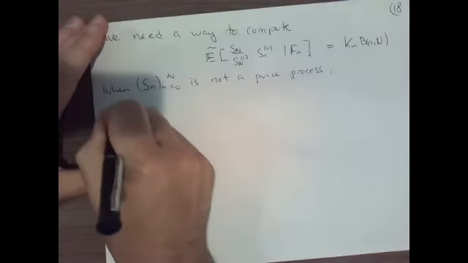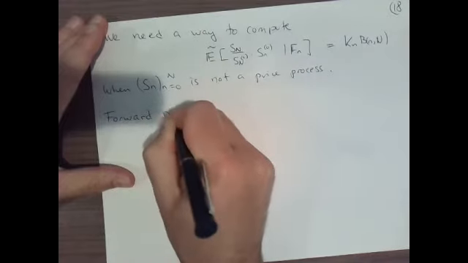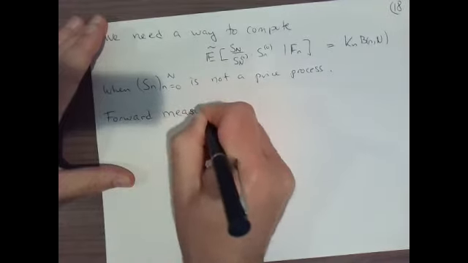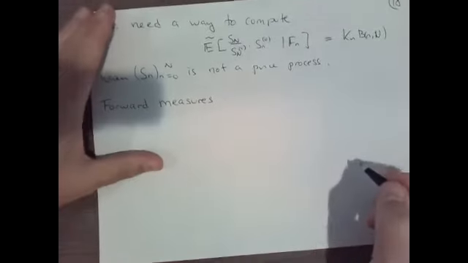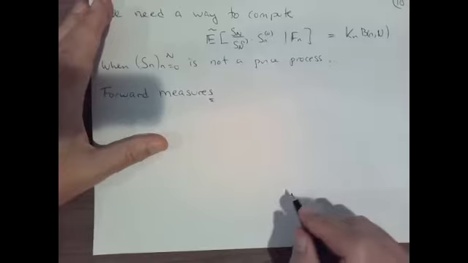And what we're going to do now, there's going to be quite a bit of notation here, and there are going to be some new concepts. So hang on here now, it's going to be a little bit bumpy. To overcome that, one introduces what's called forward measures. Please note there's an S here, forward measures.